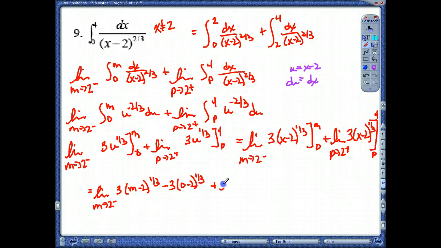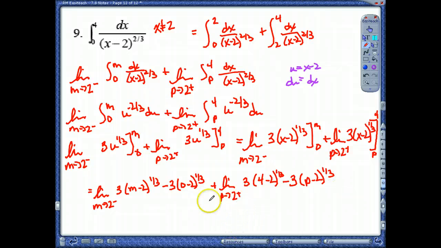Okay, then plus the limit as p approaches 2 from the right side. That 4 goes in first, so I have 3 times (4 minus 2) to the 1/3 minus 3 times (p minus 2) to the 1/3.